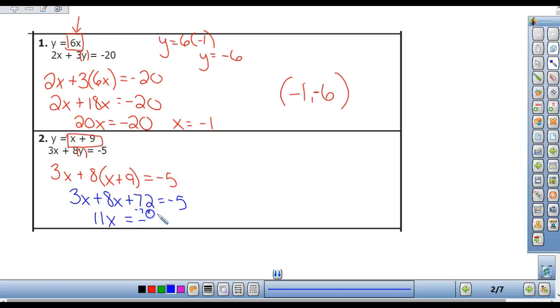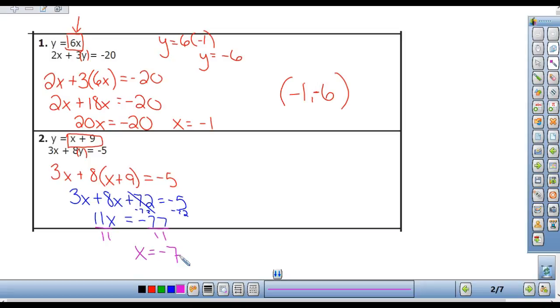Yep, I'm going to have to subtract my 72, right? So negative 5, what is it? Negative 77. Now I can divide by my 11. X is negative 7, yep.